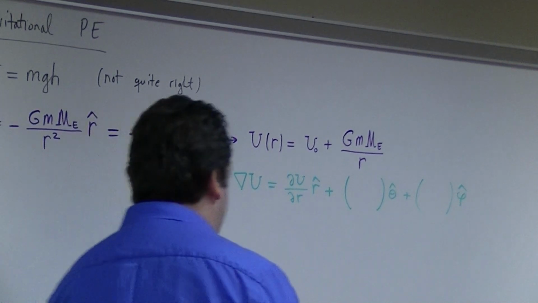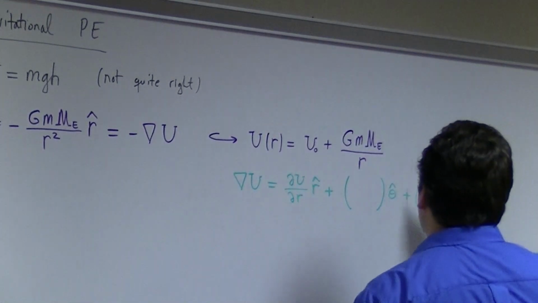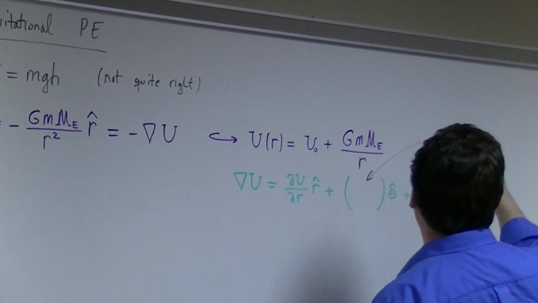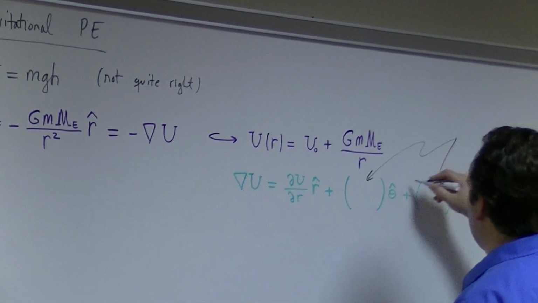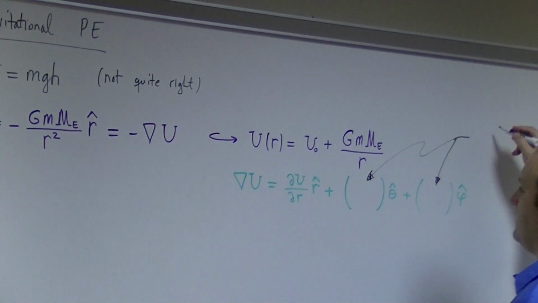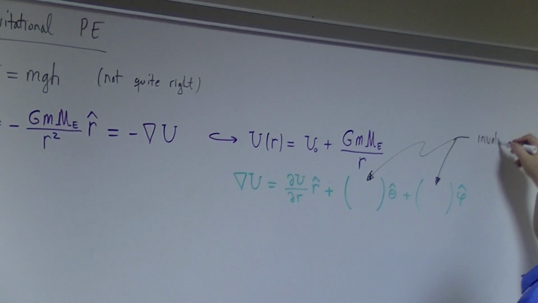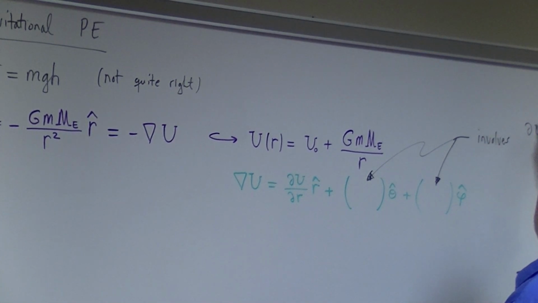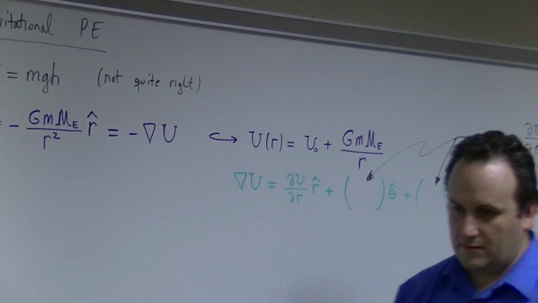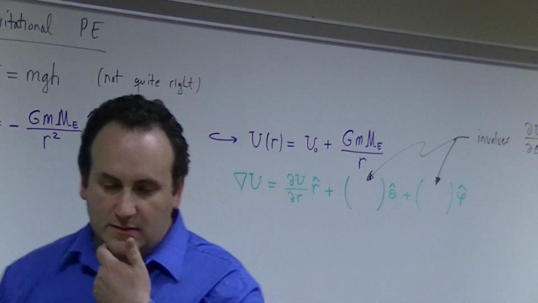I don't understand why that is, but in spherical coordinates, these are somewhat complicated. Rest assured that it involves partial U, partial theta, and partial U, partial phi. So it involves the azimuthal and polar angles.